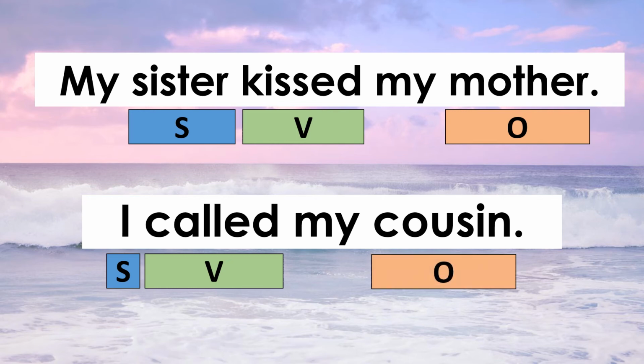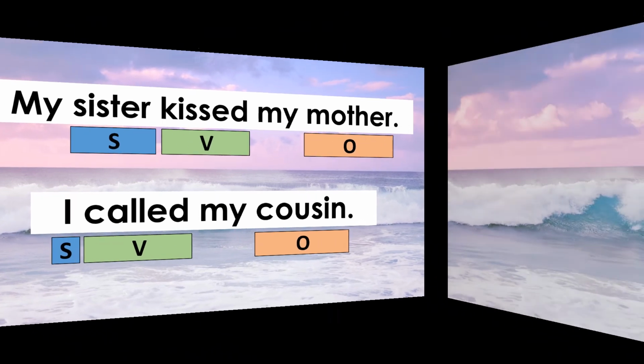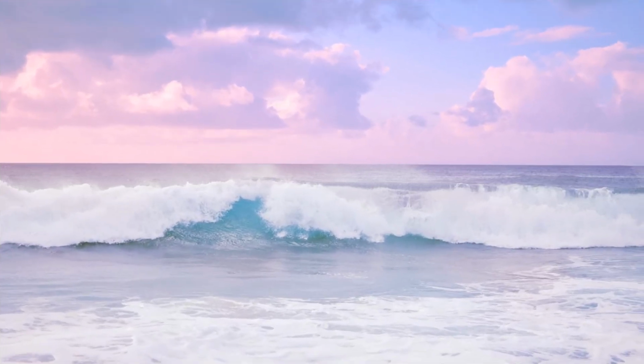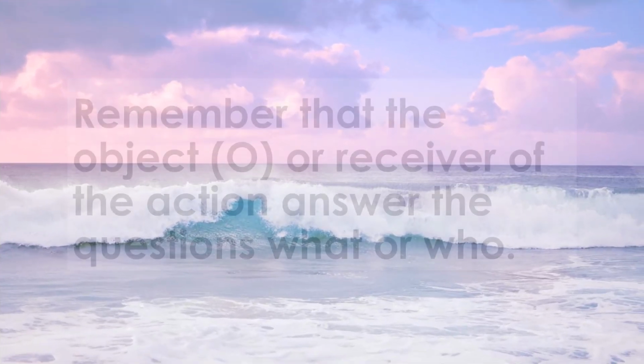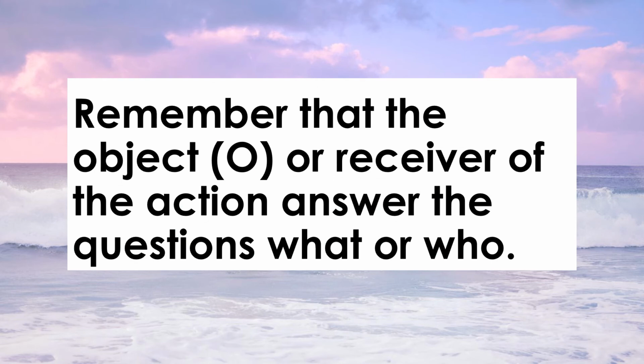Cousin is the receiver of the action called. This sentence has a SVO pattern. Remember that the object, O, or receiver of the action, answers the questions what or who.